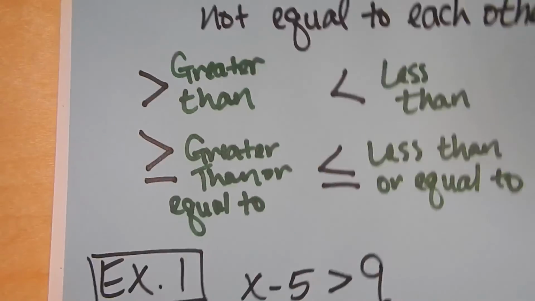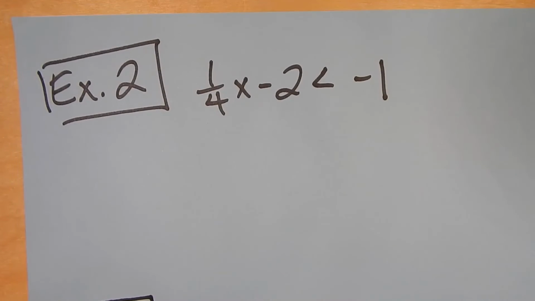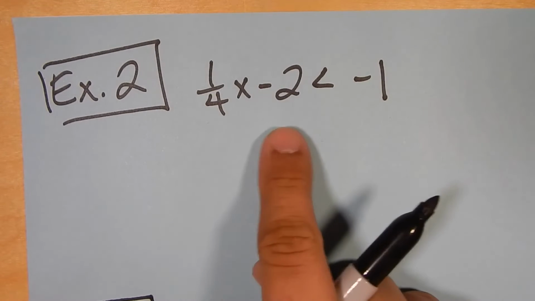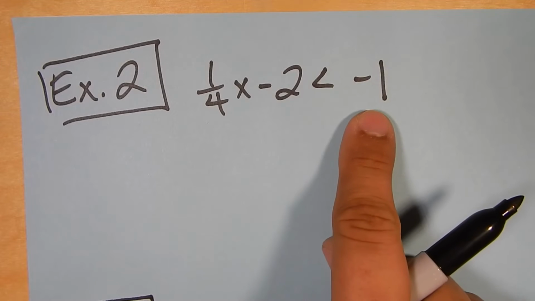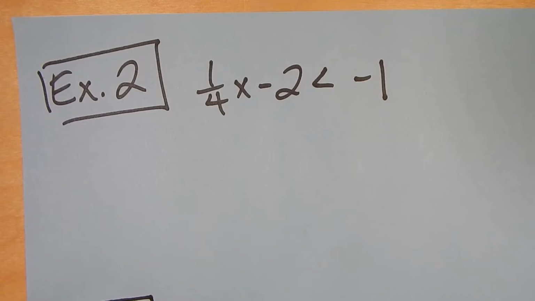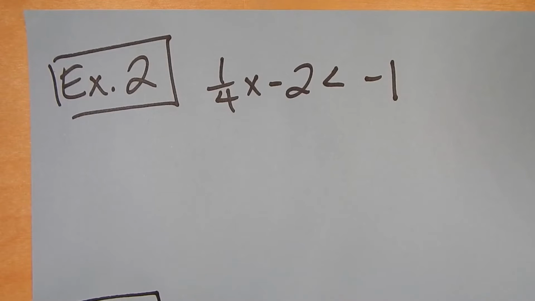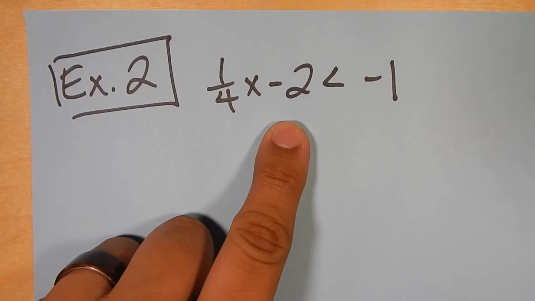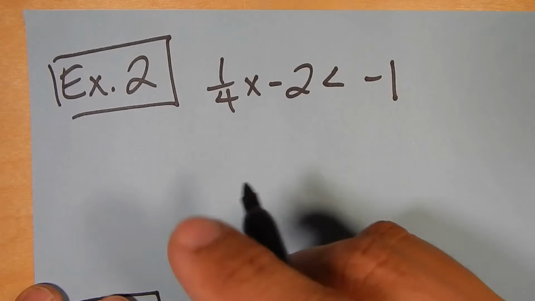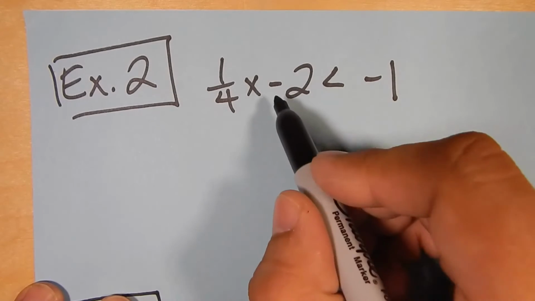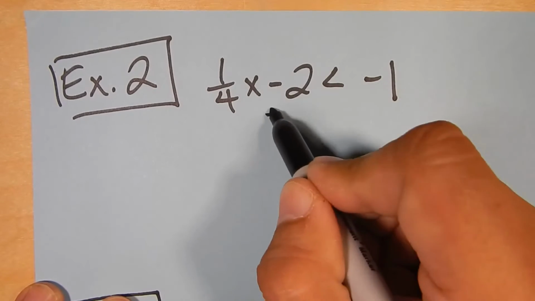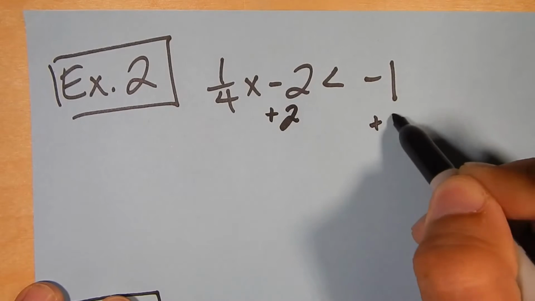Okay, example 2 says 1/4 x minus 2 is less than negative 1. Again, we treat this like we would an equation, and the way that we would approach an equation is to deal with the minus 2 first. This minus 2 we can get rid of by adding 2.